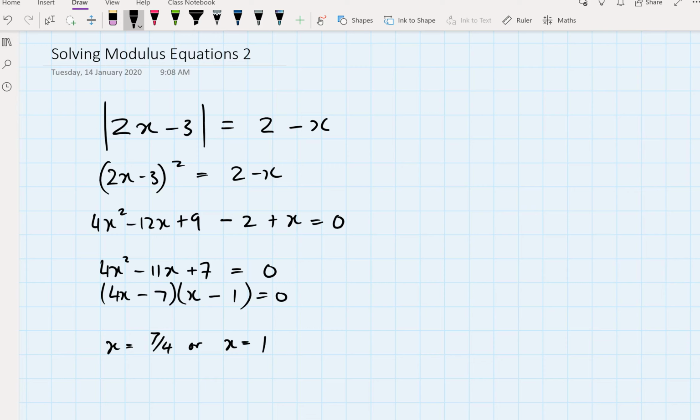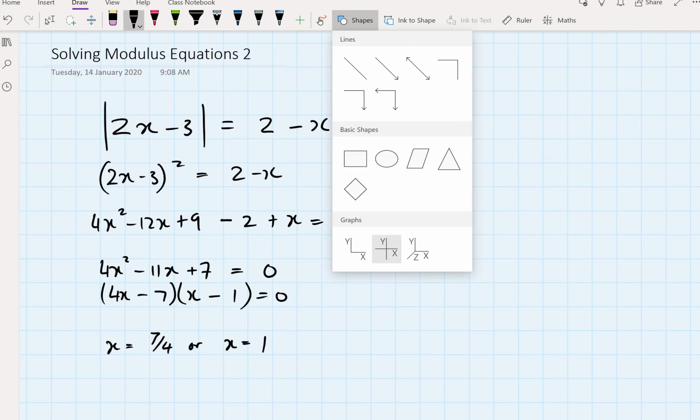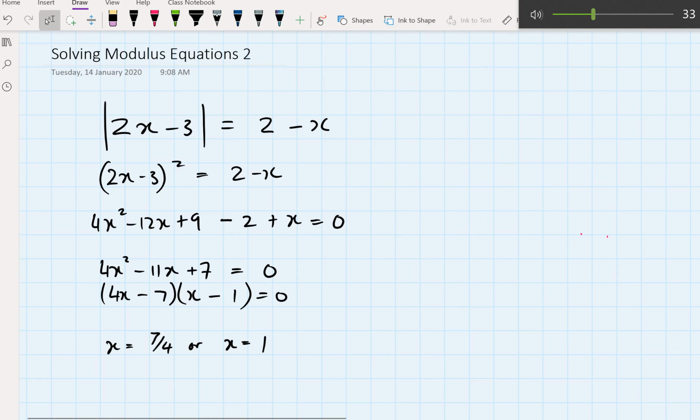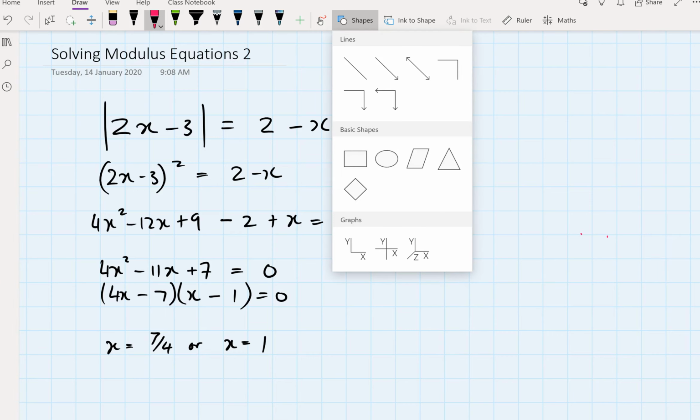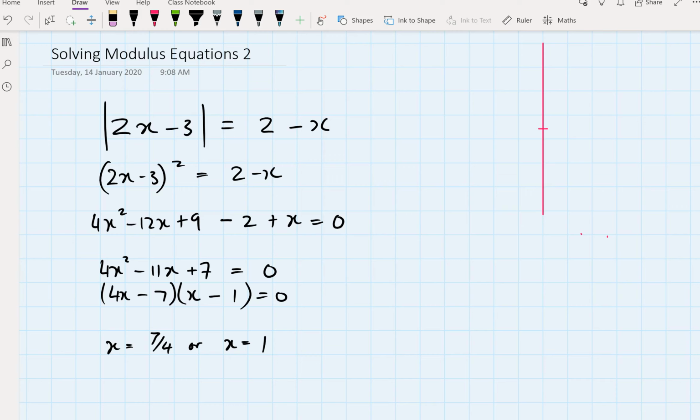Now, are those answers valid? Do they work? Let's take a look at a little diagram and see if it makes sense. Here are a set of axes. To begin with, I've got the line 2 minus x, so it has a negative gradient.